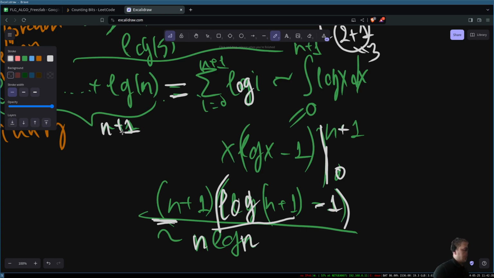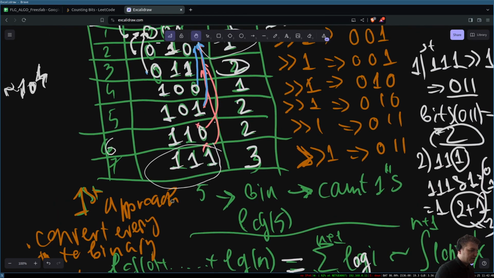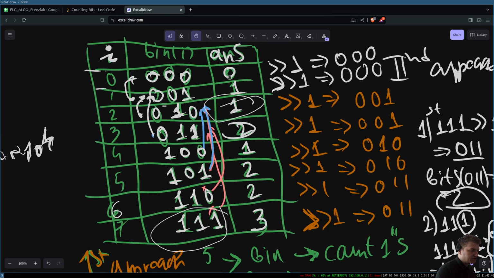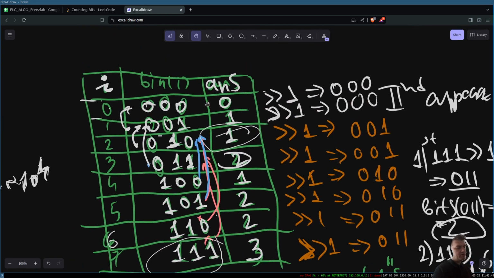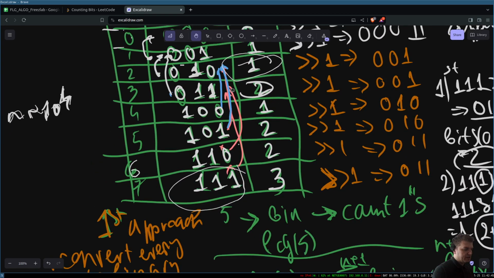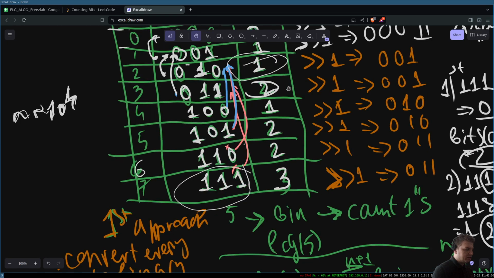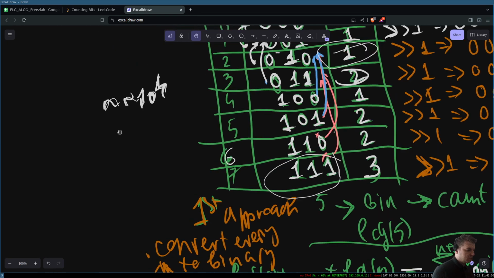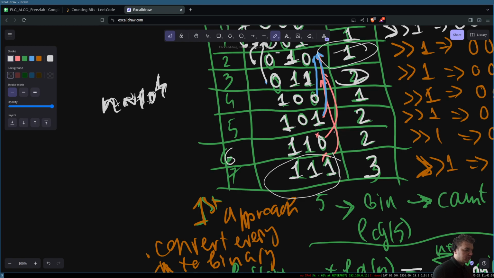So the time complexity of the first approach, where I convert every number to the binary representation and count the number of ones, is n log n. That pretty much satisfies our condition of n being 10 to the power of 4.